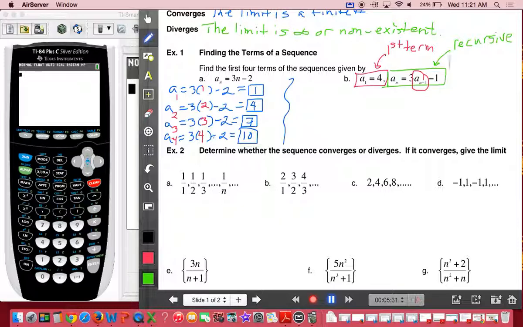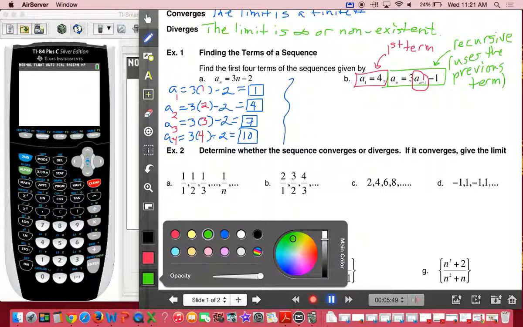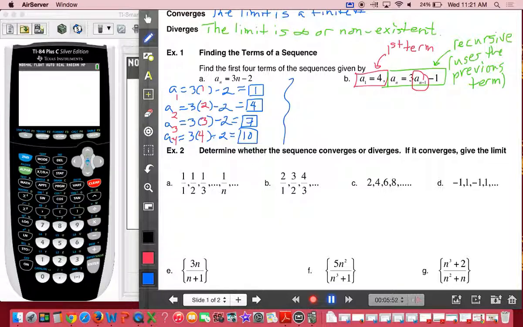And what recursive means is that it uses the previous term. Each time we do a new term, it uses the previous term. So I'm going to use the notation once, and then I'll start to slack off in that notation. For instance, we already found a sub 1, so we're going to find a sub 2.